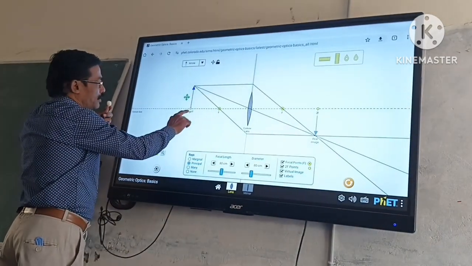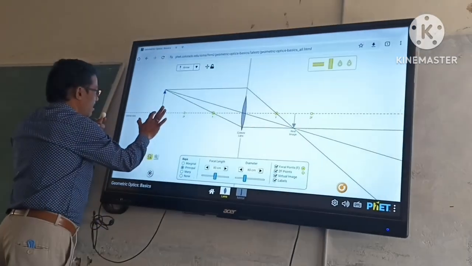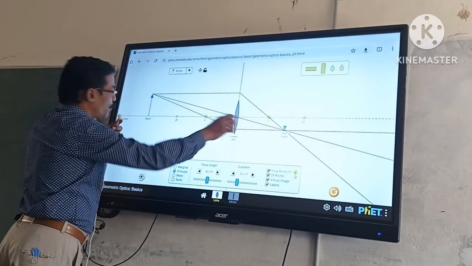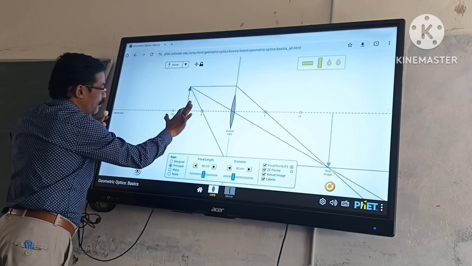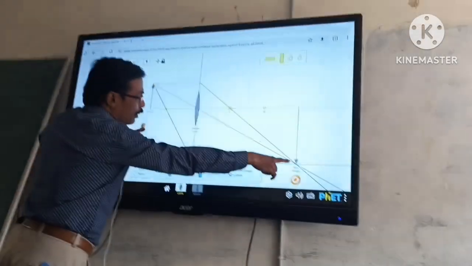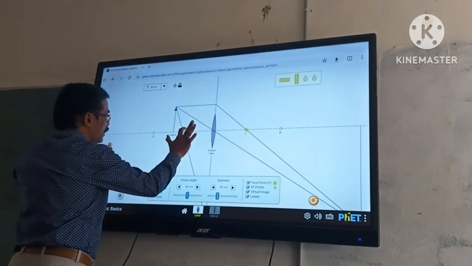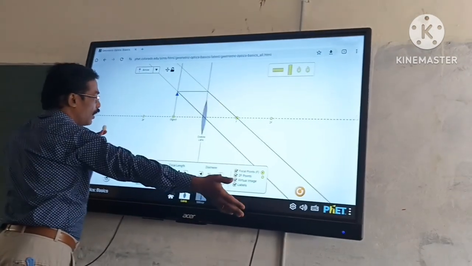So if the arrow is at 2f, the image is formed at 2f. If the arrow is placed between f and 2f, you will find the image formed beyond 2f. If the object is at f, the image is at infinite distance.